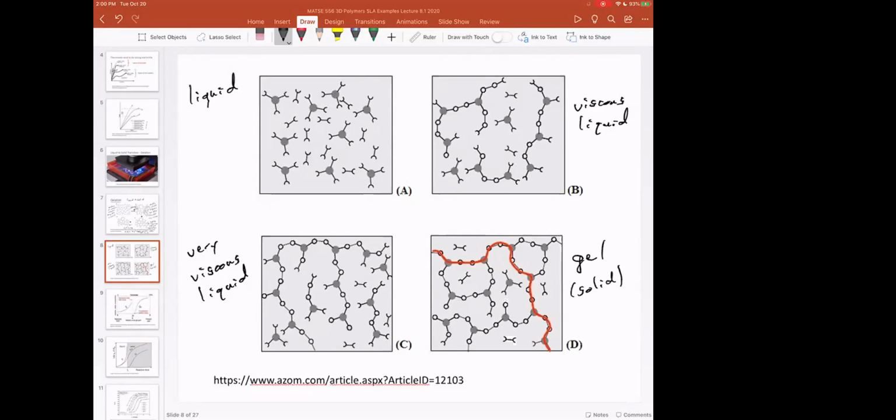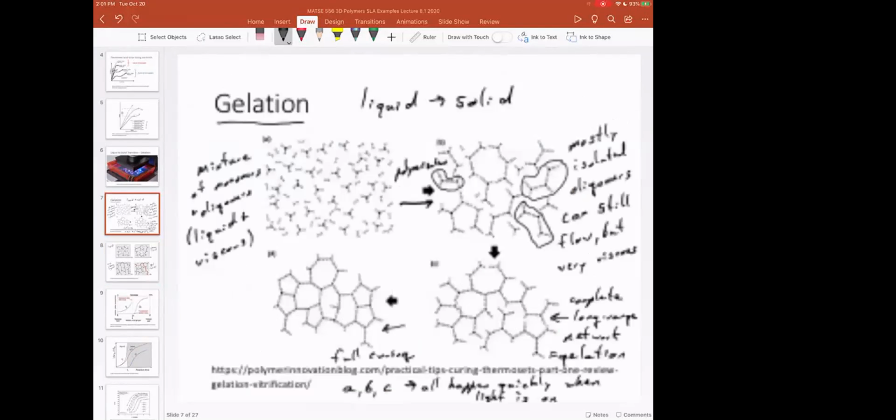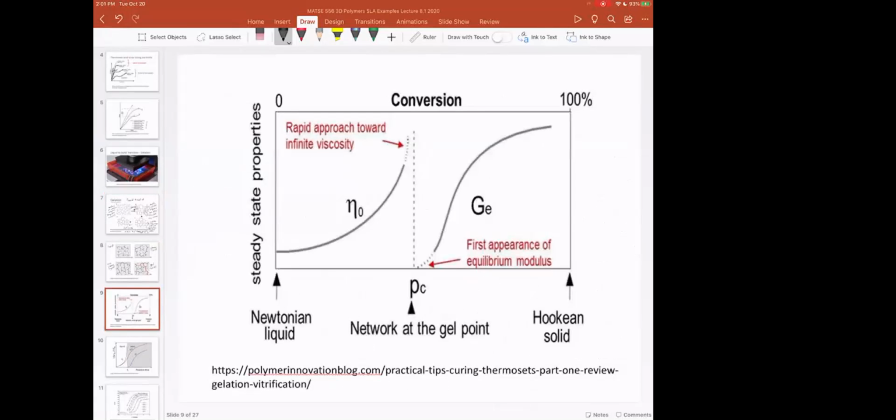Okay, so a lot of times you'll hear curing, you'll hear gelation once in a while, but the polymer physics process here is gelation, and that's what we're interested in. And gelation is a scientifically defined principle, and so we can find science that helps us figure out what's going on at gelation. And so whether or not we start with the Newtonian liquid, that depends on exactly what type of mixture we have.